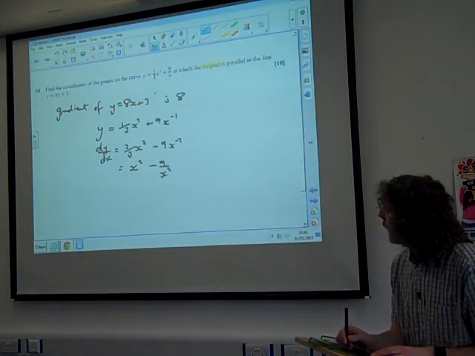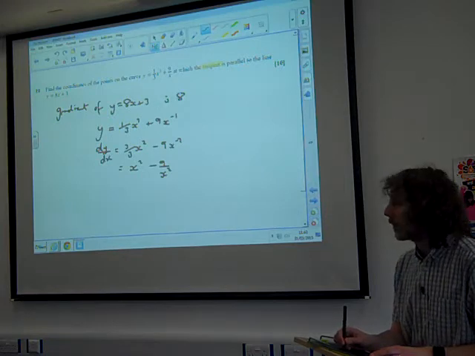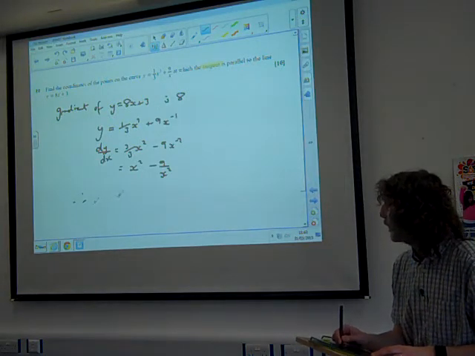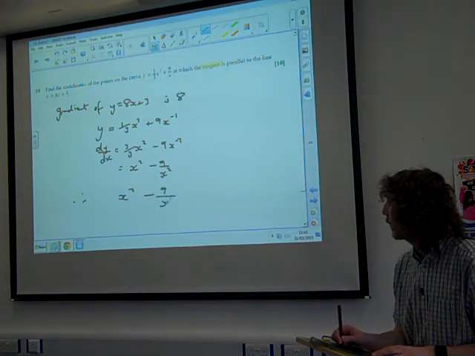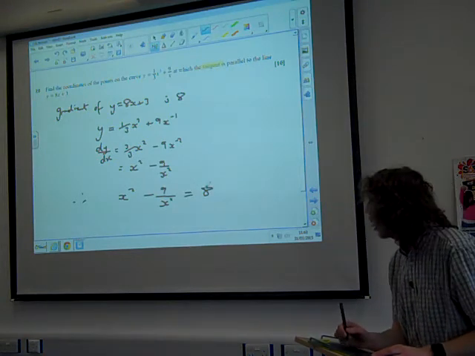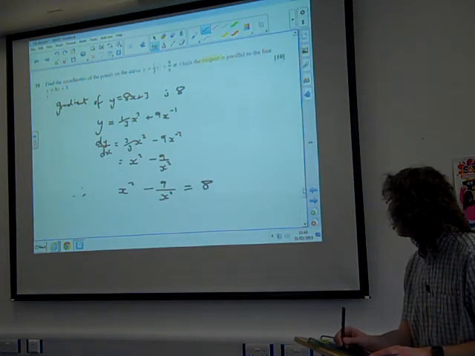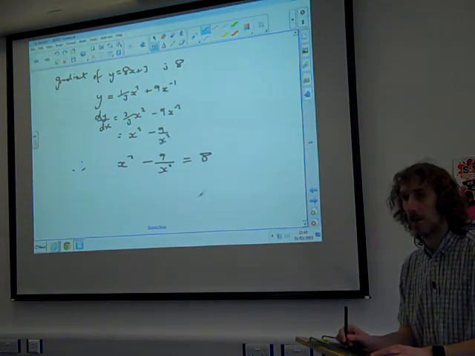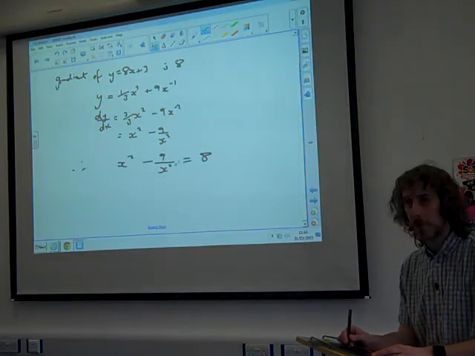We're heading for a point where the gradient is supposed to be 8. So that means the gradient, x squared minus 9 over x squared, is equal to 8. And can you see we have ended up with a question that's about stealth quadratics. We've got an unknown on the bottom of the fraction.